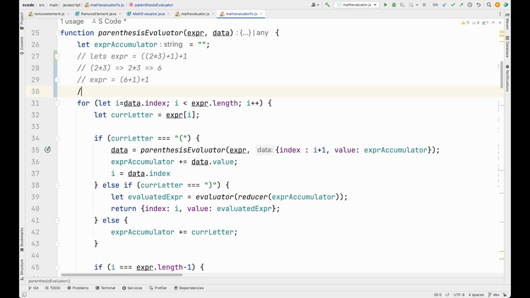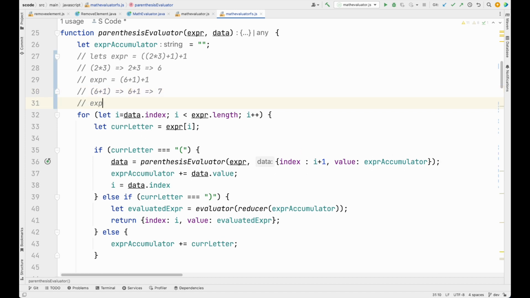And then we just follow the same logic. So then we look at 6 plus 1, that's going to be evaluated as just 6 plus 1. That's going to give us 7. And then the expression will then look something like this: 7 plus 1.